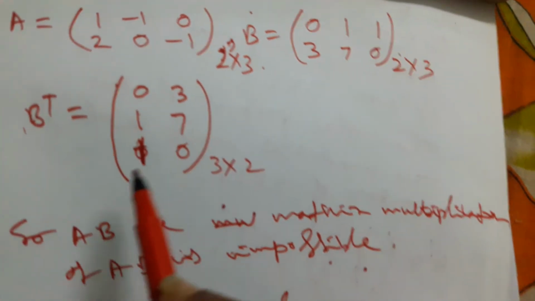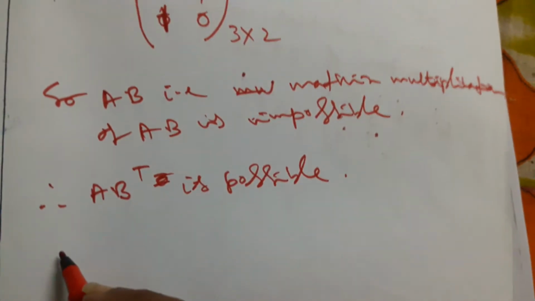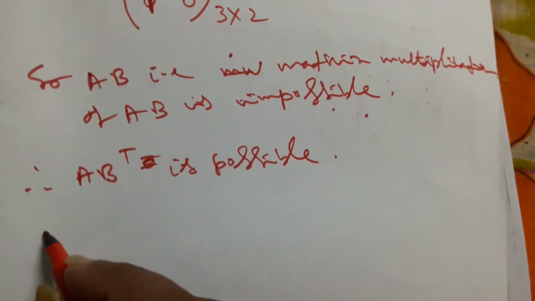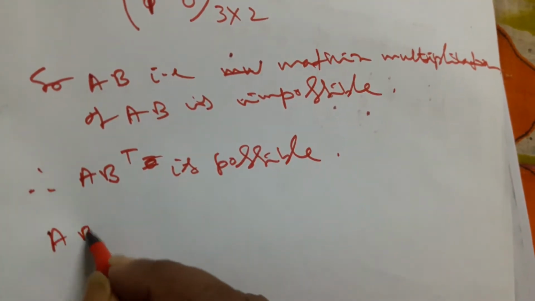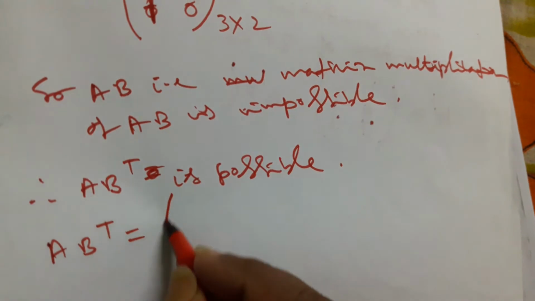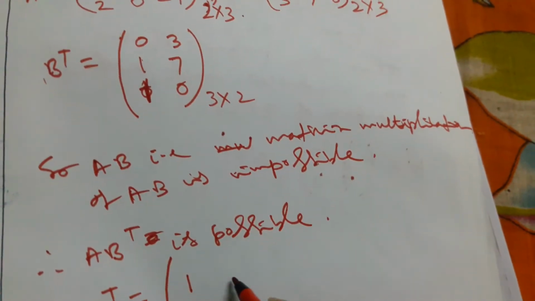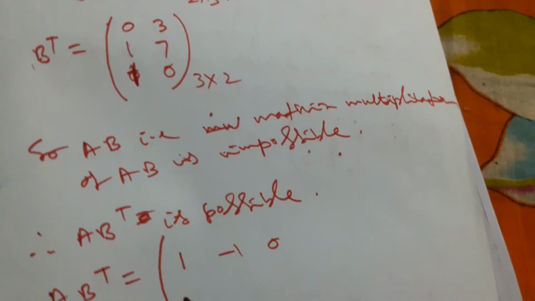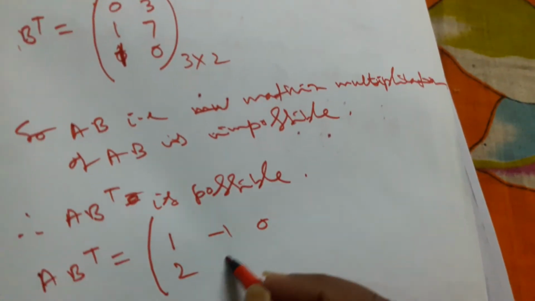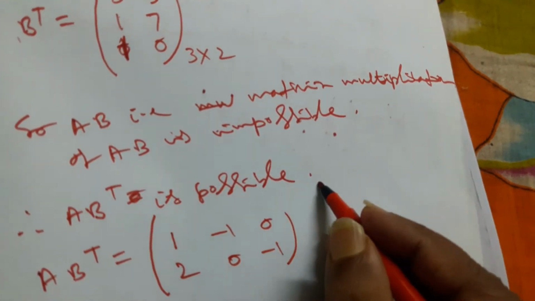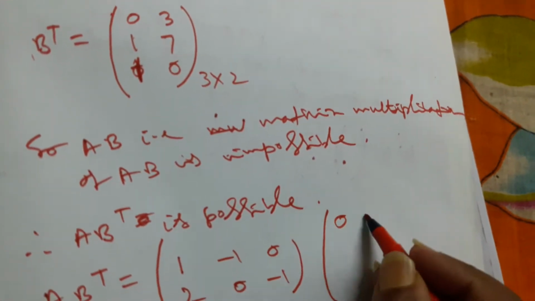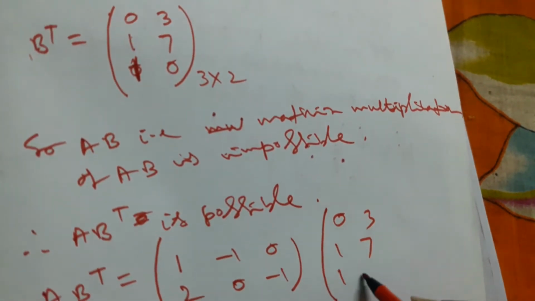This is called the transpose of a matrix. Now A times B transpose equals, we are writing this, 1 minus 1 0, 2 0 minus 1, and the other matrix 0 3, 1 7, 1 0.